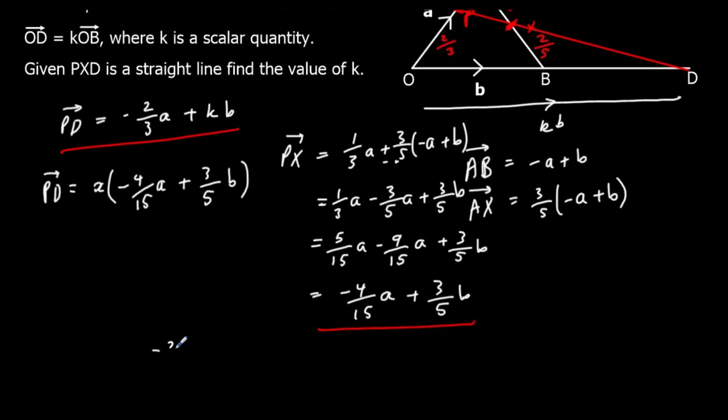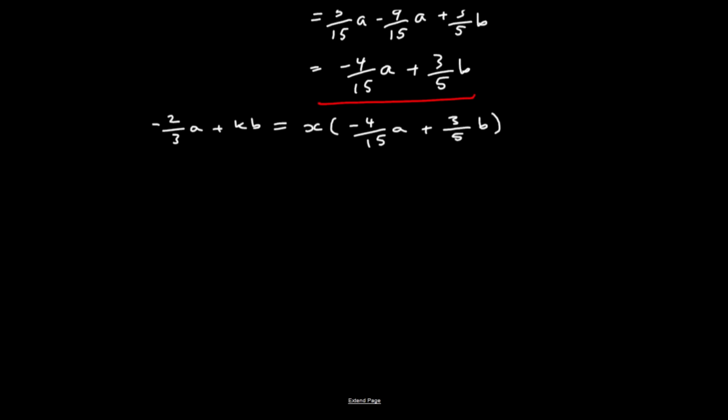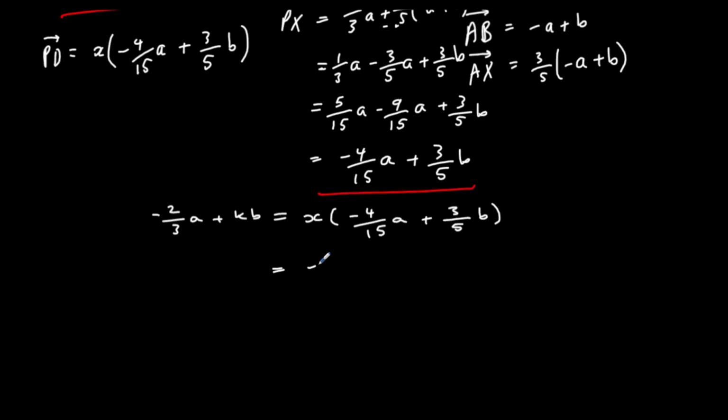So minus 2/3 A plus kB must be equal to x times minus 4/15 A plus 3/5 B. I'll expand this bracket: minus 4/15 xA plus 3/5 xB equals minus 2/3 A plus kB.